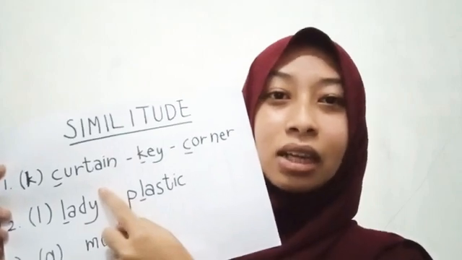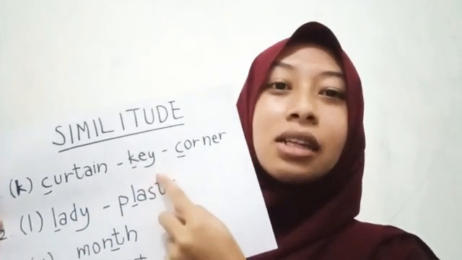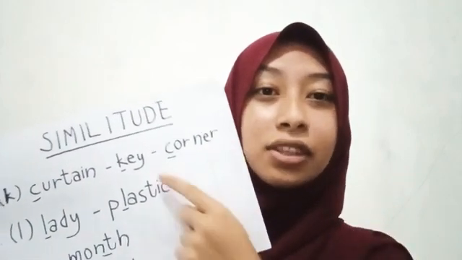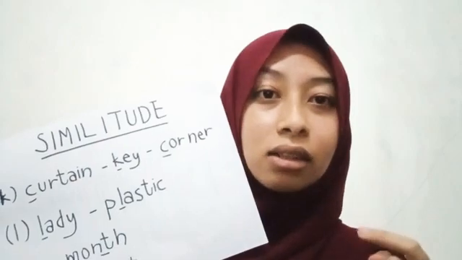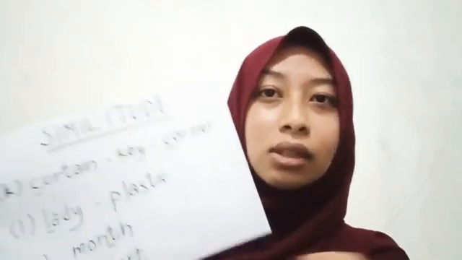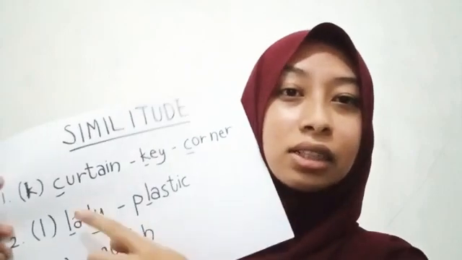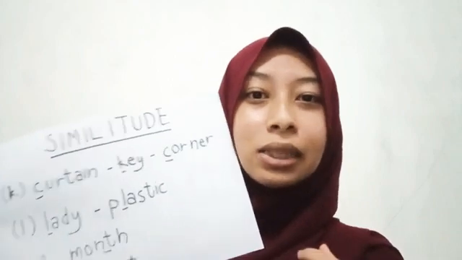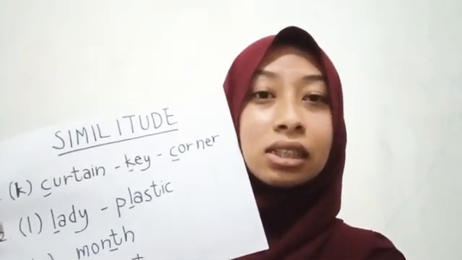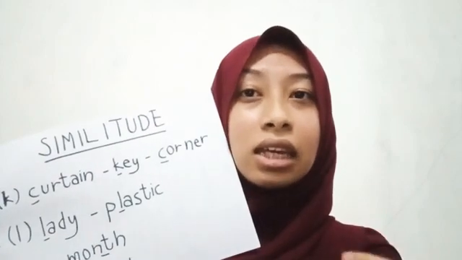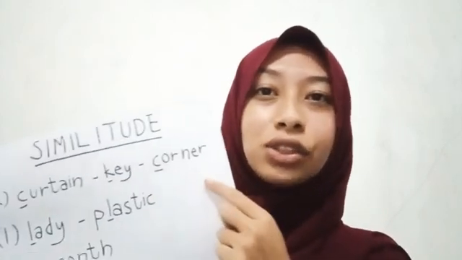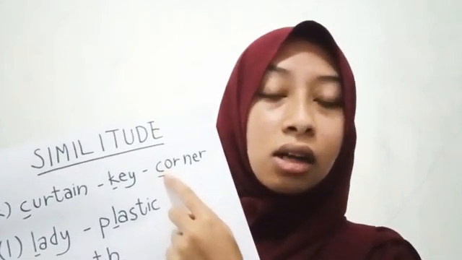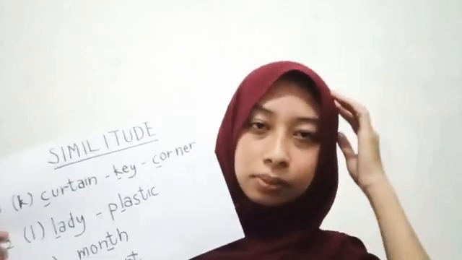For the variety, we have key. And for the similitude, we have corner. The K sound in these three examples is pronounced differently. The corner shows similitude with the R, which is the back vowel. So in corner, this is the similitude.